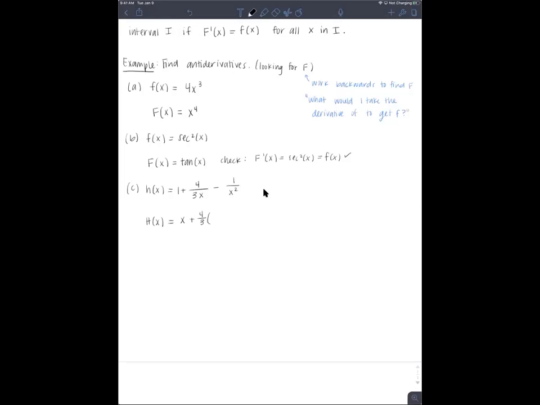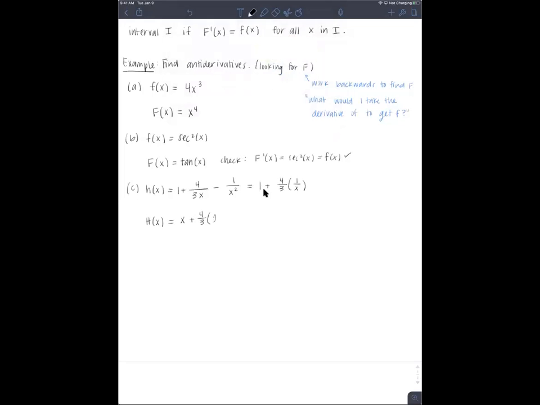And so here, what I'm really looking at, and so I'll rewrite this real quick. This is 1 plus 4/3 times 1 over x. And so what did I take the derivative of to get that 1 over x? Yeah, that ln.